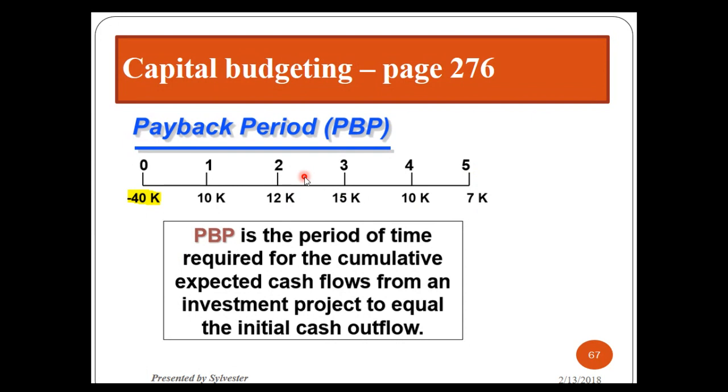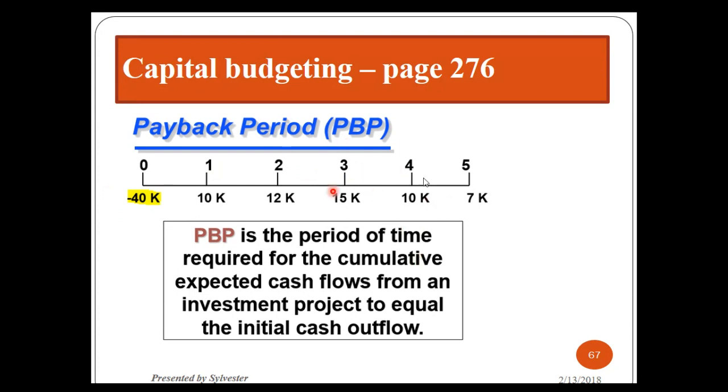Year 3, we have got 15,000, and now we are left with 3,000. So in year 4, we have got 10,000, but we only need 3,000 out of the 10,000. Can you see? So it means at the end of the day, it will take us 1, 2, 3 years and part of this year to be able to cover the 40,000. But I'll show you this in the form of a calculation at a later stage.